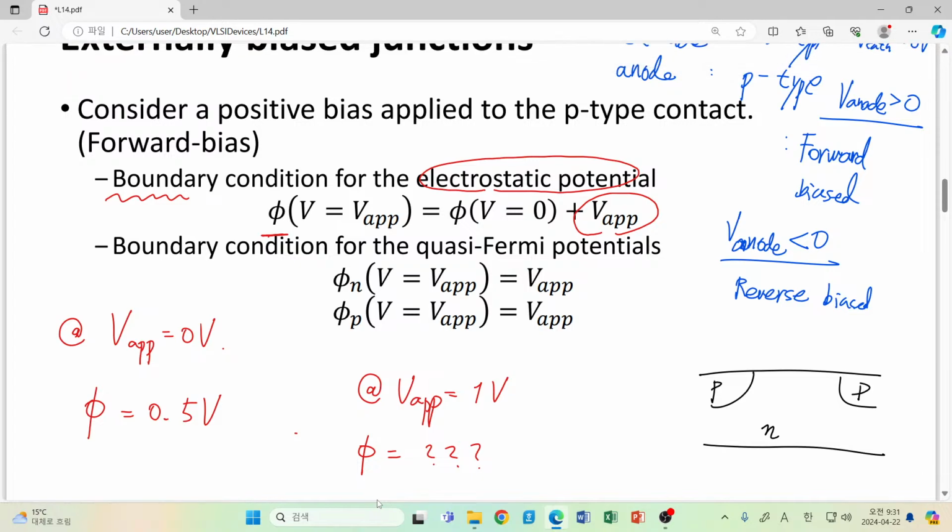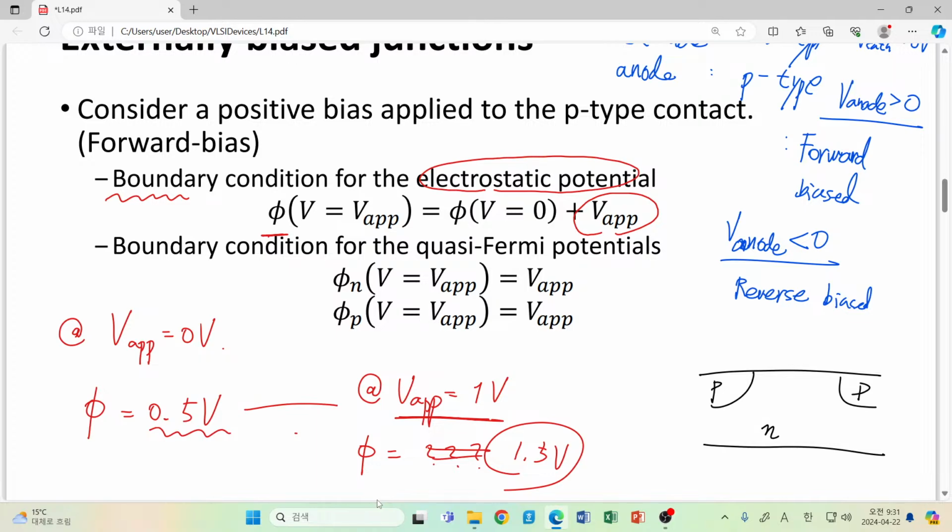Since you have just increased the applied potential by 1 volt, the answer is clearly 1.5 volt. Why do we have 1.5 volt? Because the applied voltage is just added to our equilibrium potential. So now we have 1.5. It's not that difficult to understand.